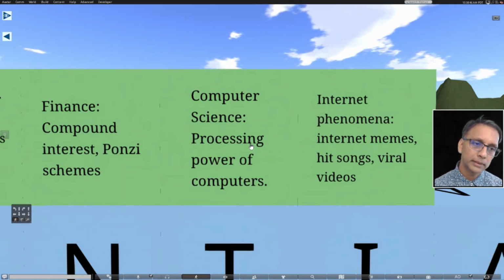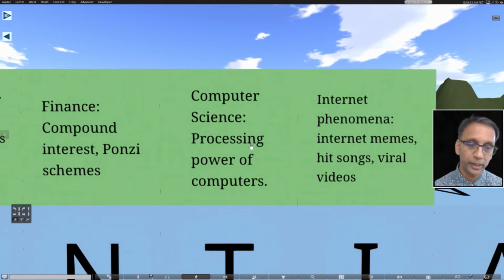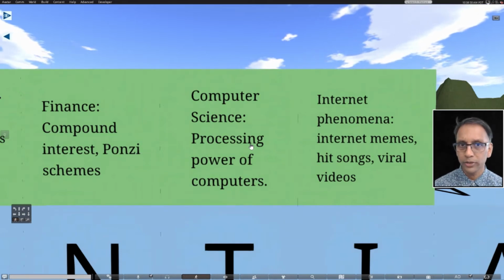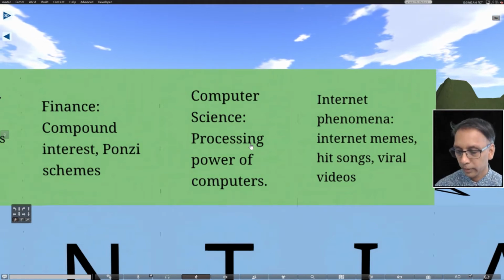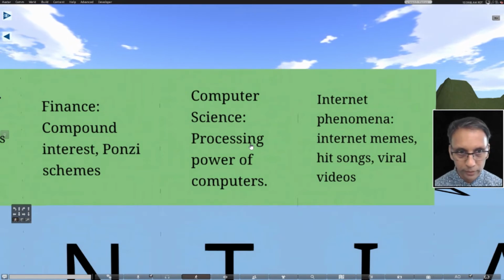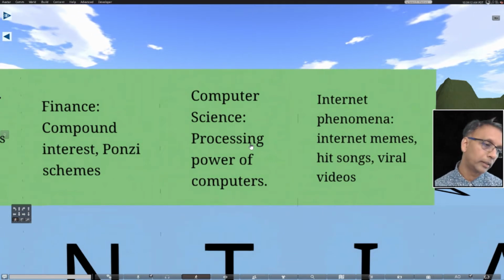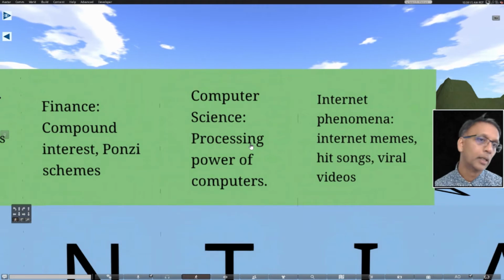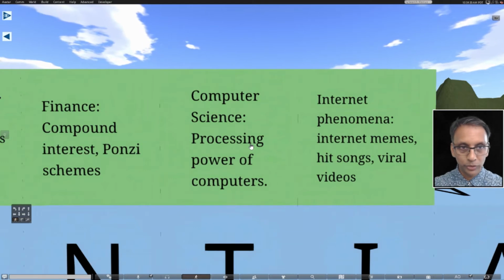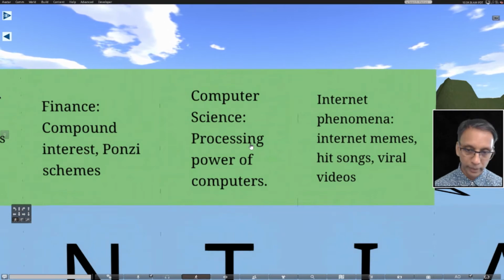If you look at the last example area, the internet phenomena category, internet memes, viral videos, all these grow following the exponential growth curve, for obvious reasons. Okay, so if you get a video that you like, and if you send it to two more people, and these two people like it and send it to two of their friends, it will get spread very quickly.